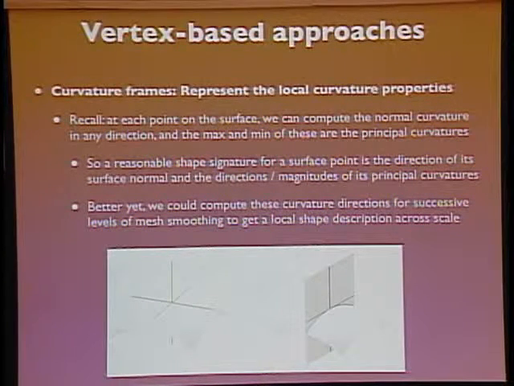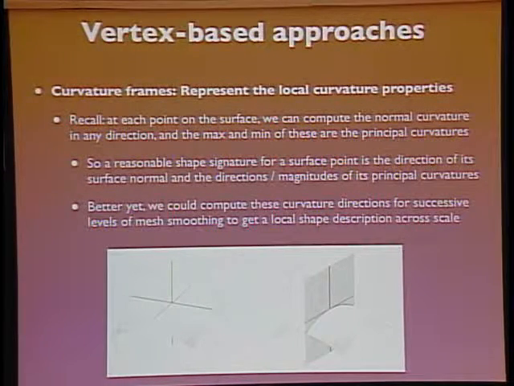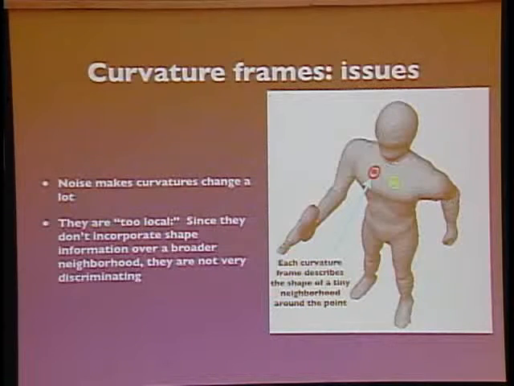But you can also set up a coordinate frame that consists of the direction of the one principal curvature, the direction of the other principal curvature. They don't have to be orthogonal to each other. And then the third direction can be the surface normal. So then if you do that, you've basically set up a local coordinate frame that you can express other properties in, such as the curvature and how it changes with space. So these are called curvature frames.